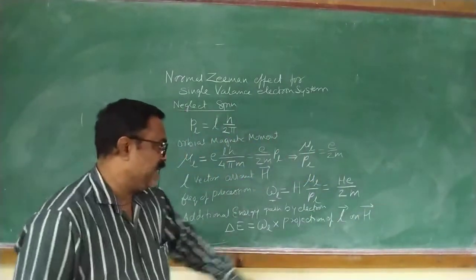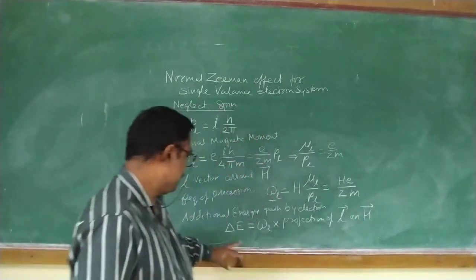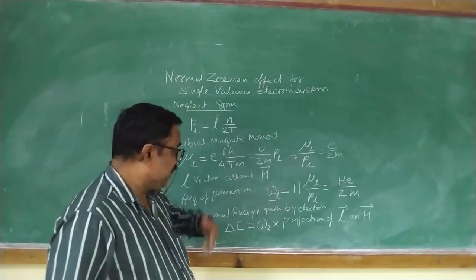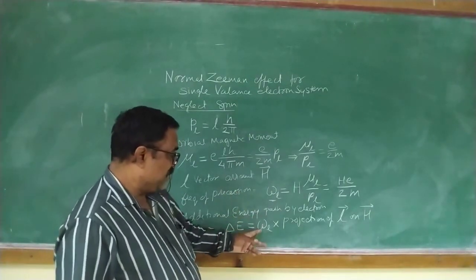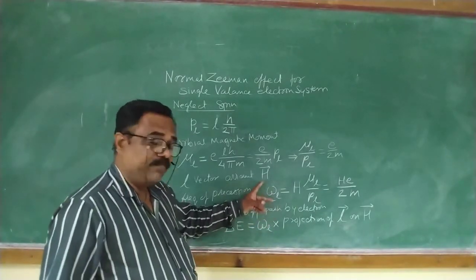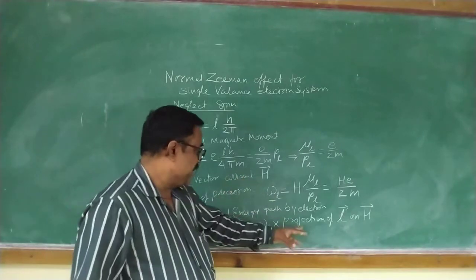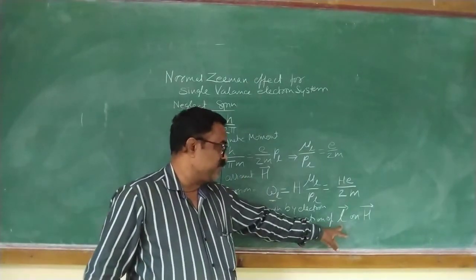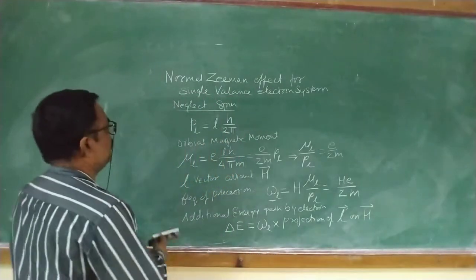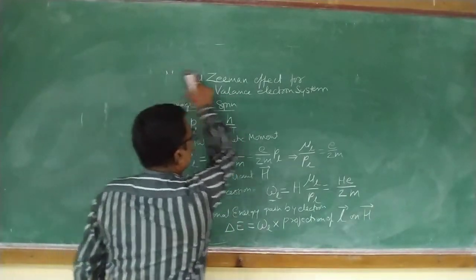So delta E is equal to omega L, the frequency of precession because of the magnetic field, multiplied by the projection of L on H. We will wrap up this part so that we can continue the derivation.